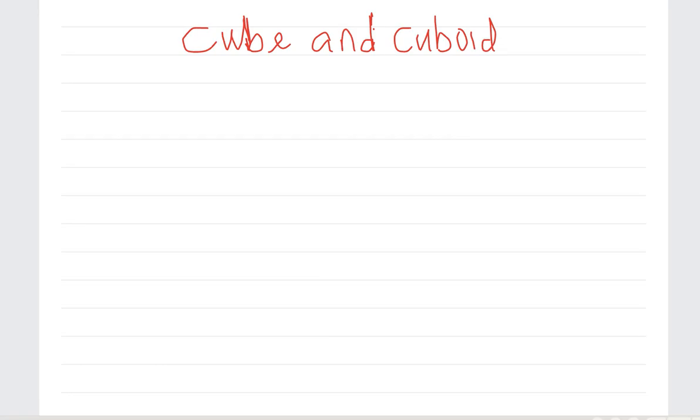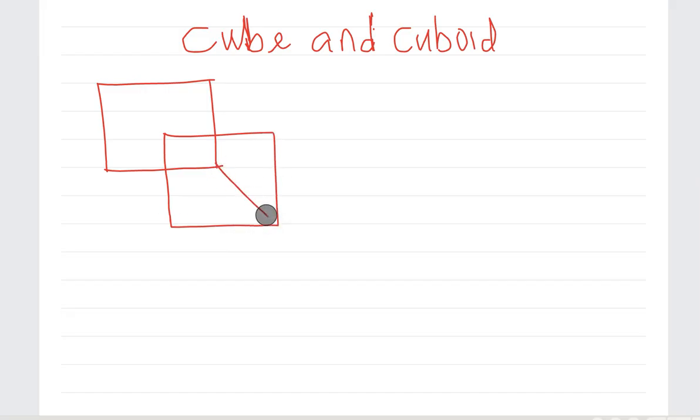If you are to have the diagram of a cube and a cuboid, you would remember that we said a cube is of this shape. You can see that now. This is a cube, and this is a cuboid.